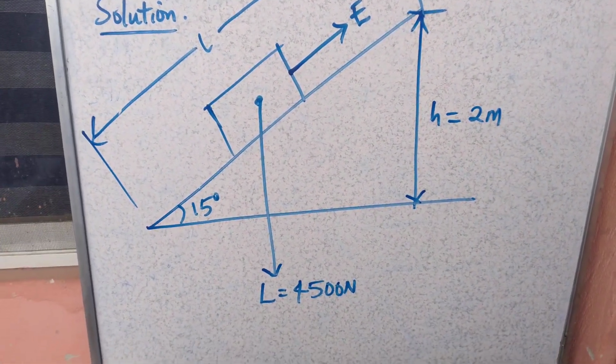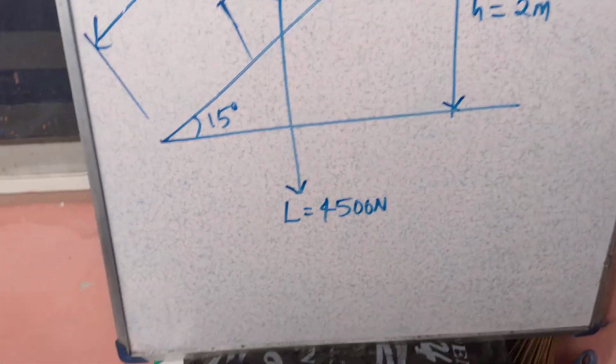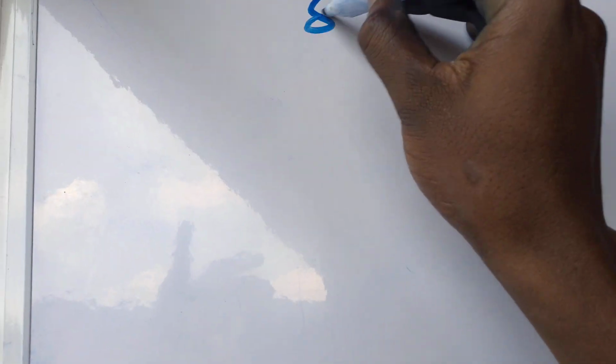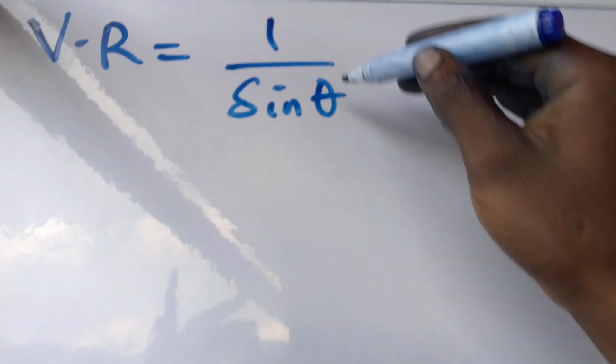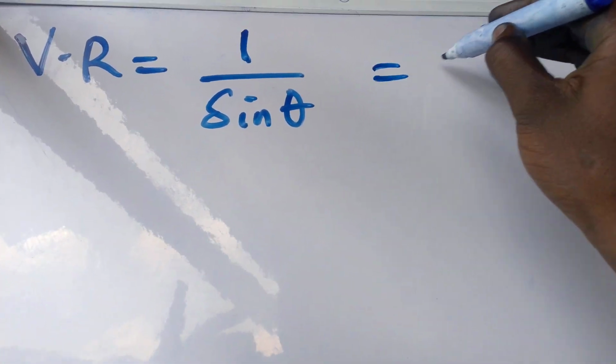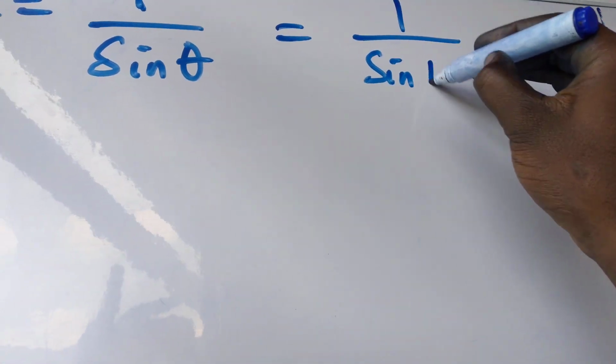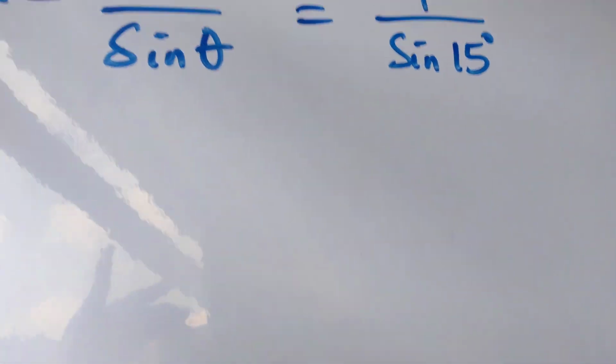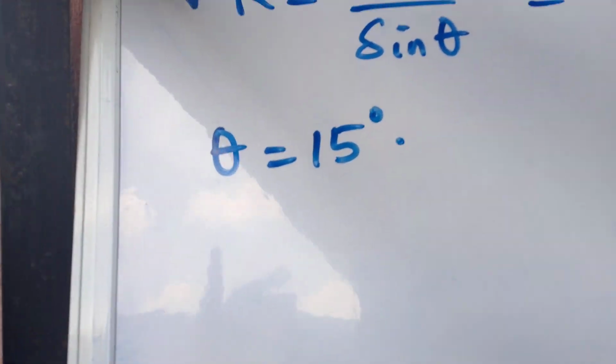Okay, so now let's look at that quickly. We should calculate the velocity ratio of the inclined plane, and we know that velocity ratio is equal to 1 over sine theta. So that will be 1 over sine 15 degrees, since the angle of inclination theta is 15 degrees.